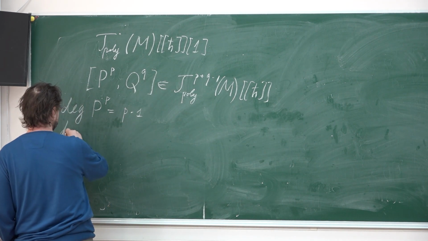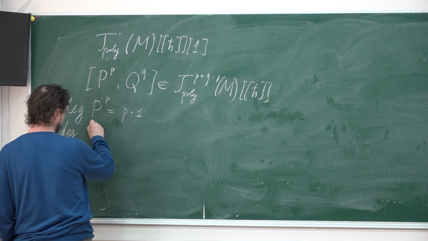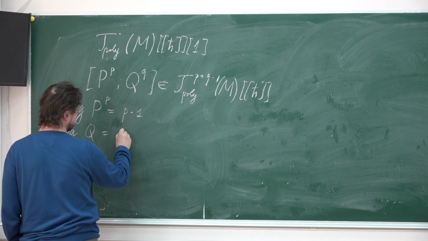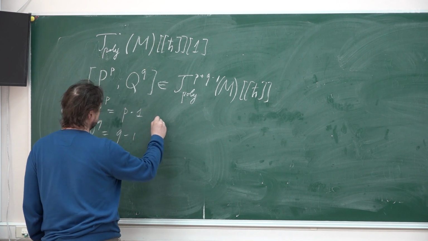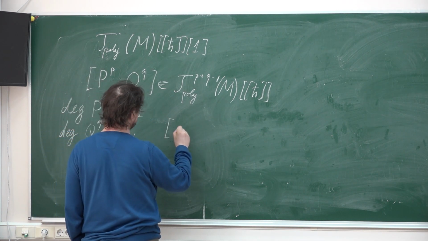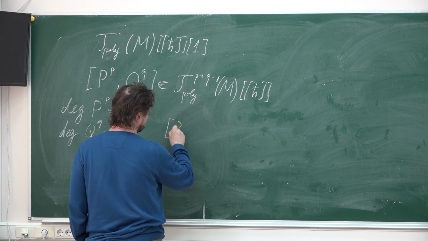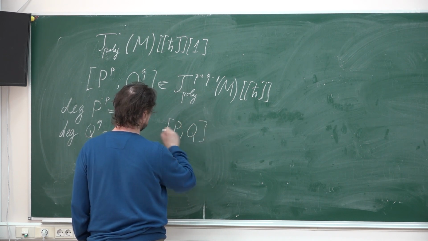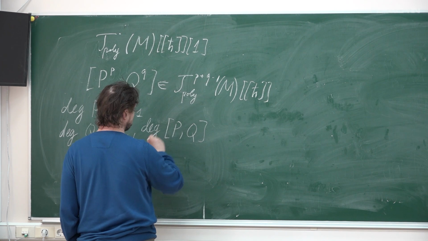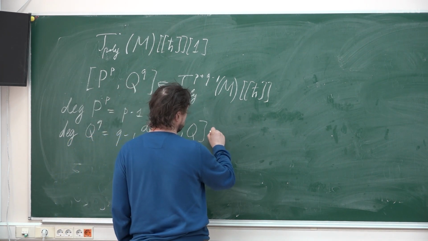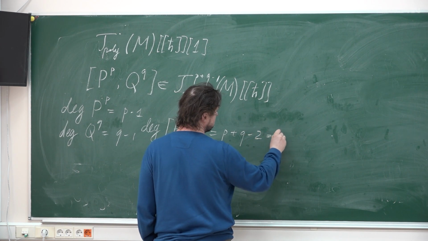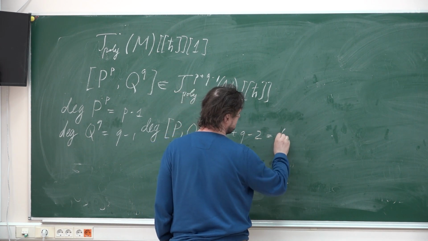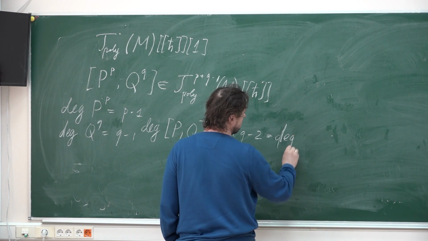And the q polyvector field will have the degree q minus 1, of course, so that their commutator will have the degree p plus q minus 2, which is precisely the sum of the degrees of p and q.